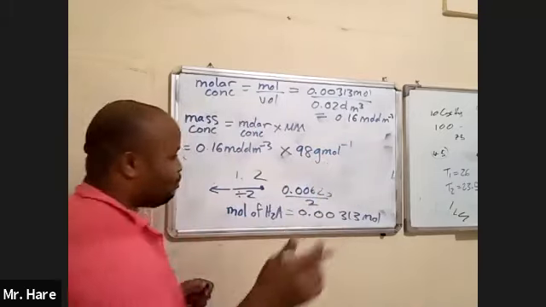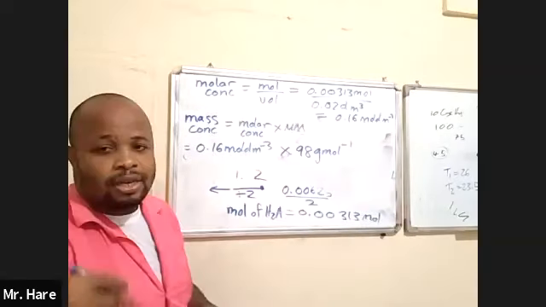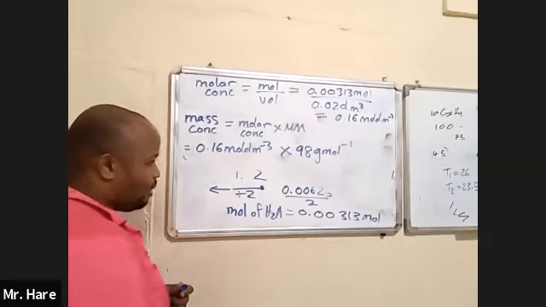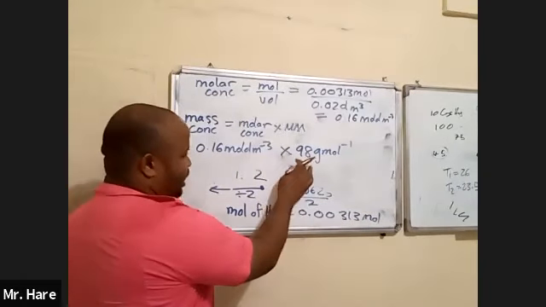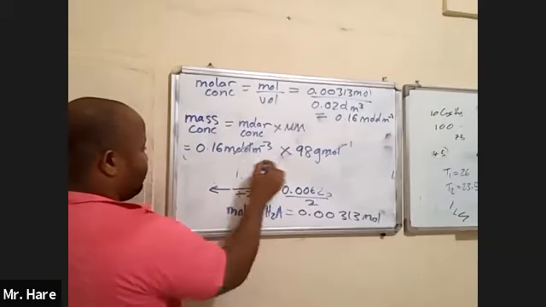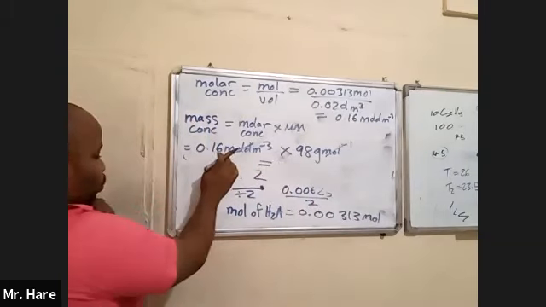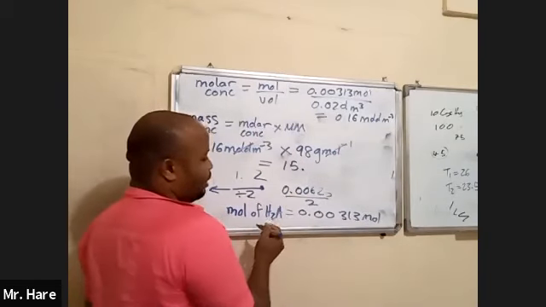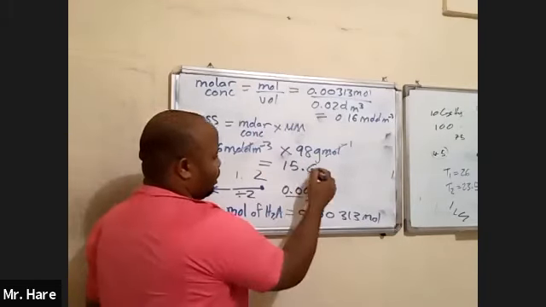Just remember I said, let us just say that H2A is sulfuric acid. Then the molar mass would have been 98 gram per mole. Mole cancel mole. 0.16 times 98 is how much? 15.68 grams, grams per dm cube.